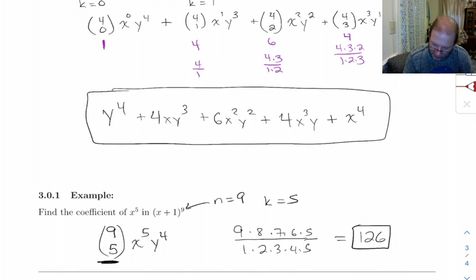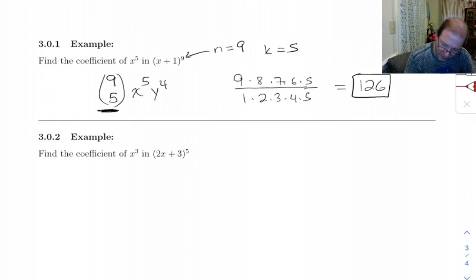This one, I was sure of the answer. This one: find the coefficient of x cubed in (2x + 3) to the 5th. Okay, this one is a little trickier because it's got a coefficient on the x and we've got a 3 there instead of just a 1. So I'm going to write this out.